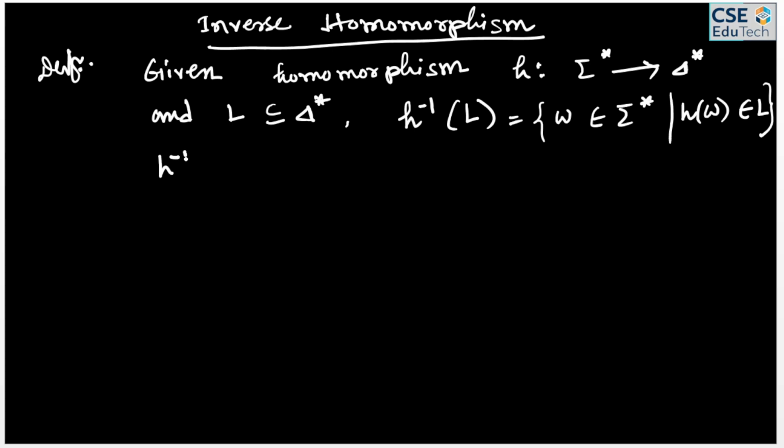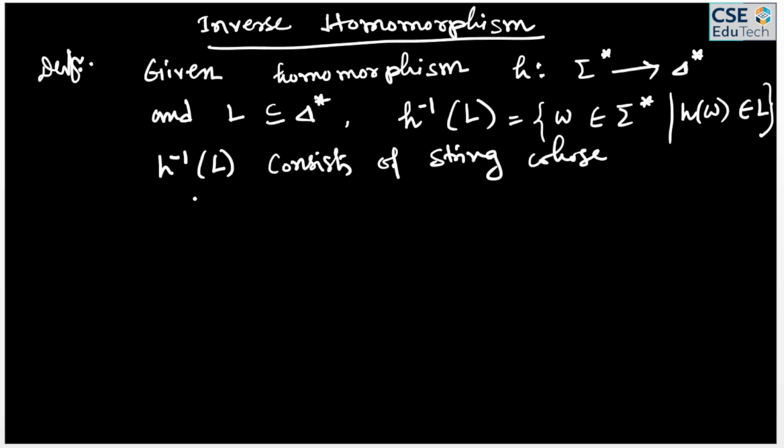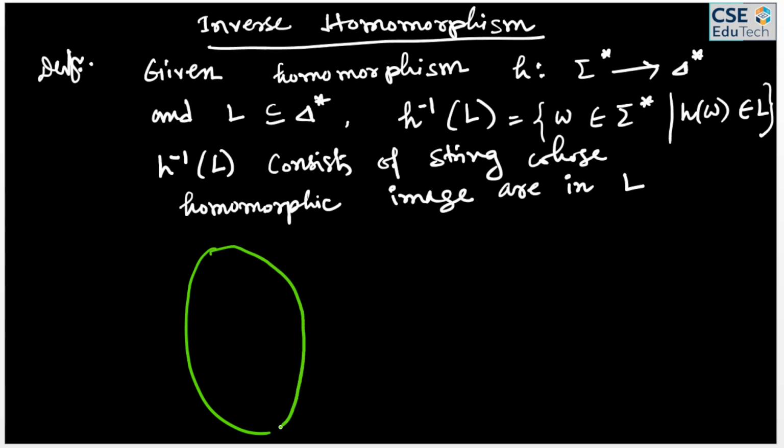That is, the inverse of the language consists of strings whose homomorphic images are in L. Clear? So graphically we can write it this way. We assume this is sigma star, and here is another alphabet, delta star.